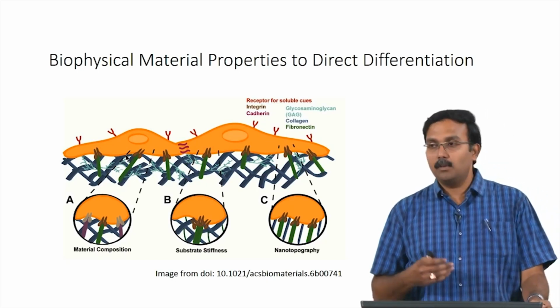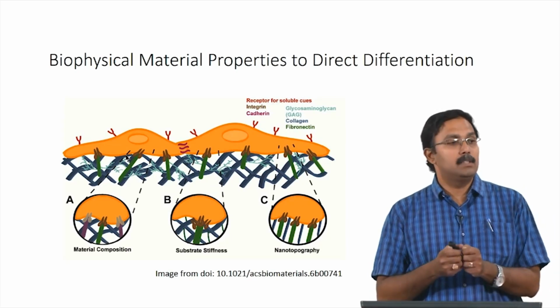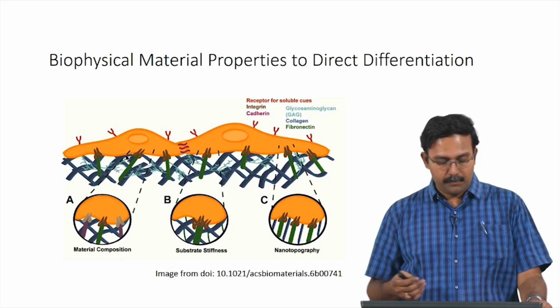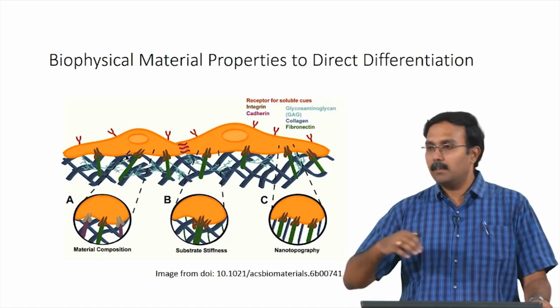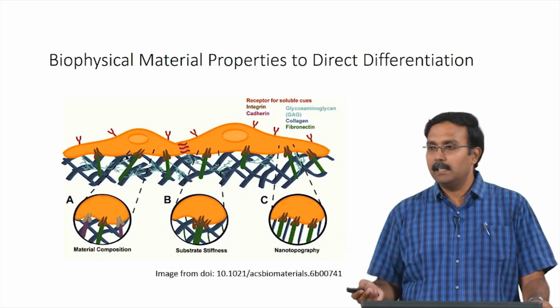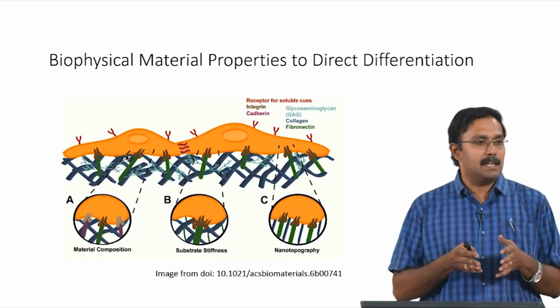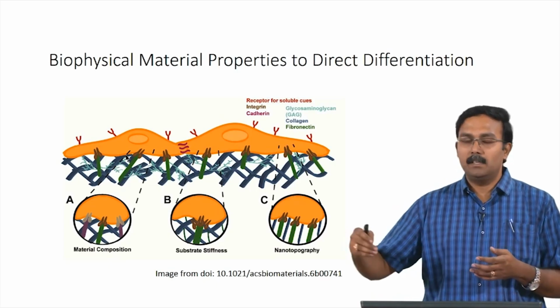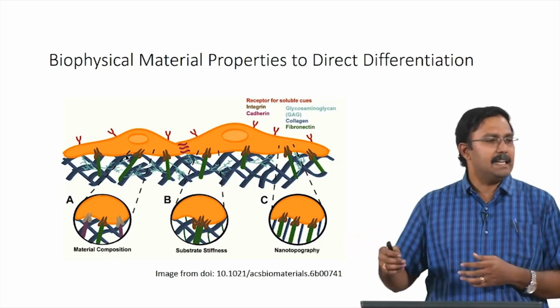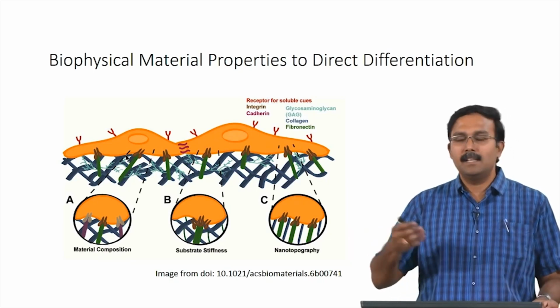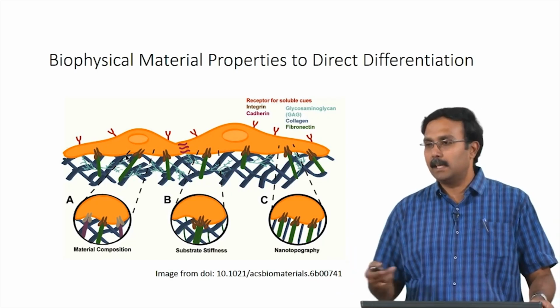Substrate stiffness has also been shown to affect how the cells differentiate. The last one is nanotopography, where the surface topography of the material can actually direct cells, because while the cells are cultured, they might have to be aligned in the presence of this nanotopography, and if that happens, the cells will differentiate to specific cell types and so on.